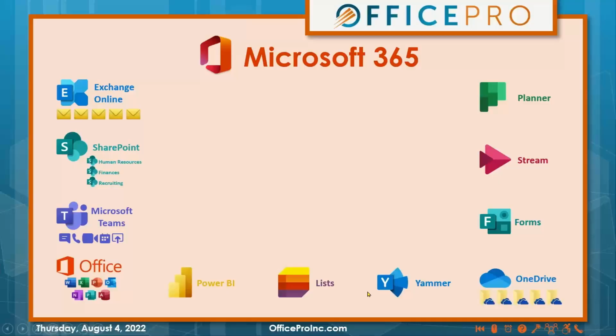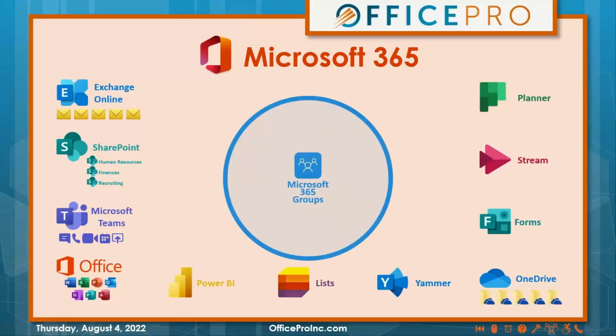But there is a specific feature that not too many people are inherently familiar with, and this is called Microsoft 365 groups. Now, these Microsoft 365 groups are a collaborative environment for groups of people that are working together to collaborate, or if you will, for different teams of people to collaborate.